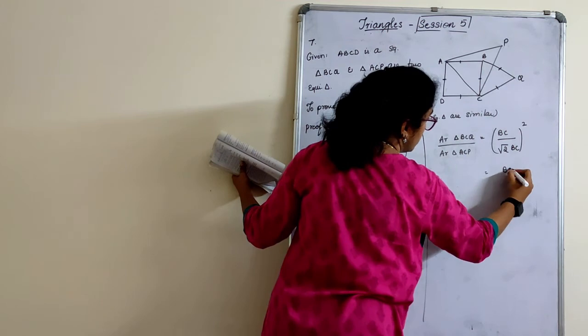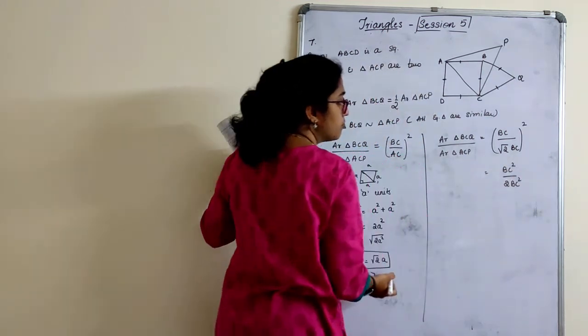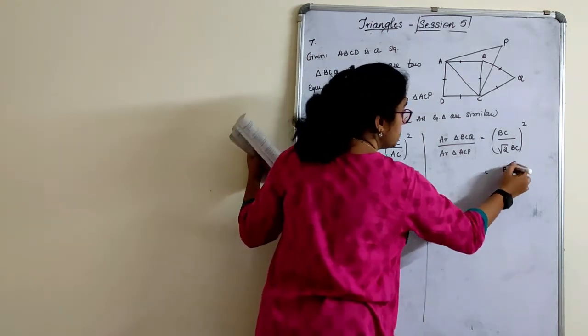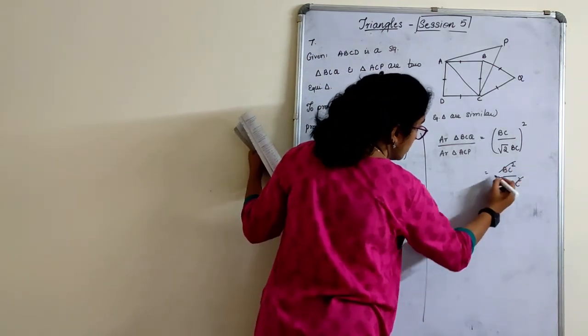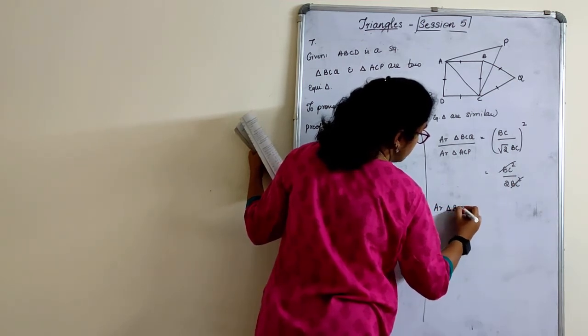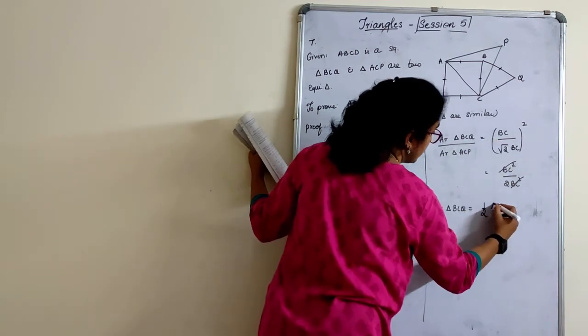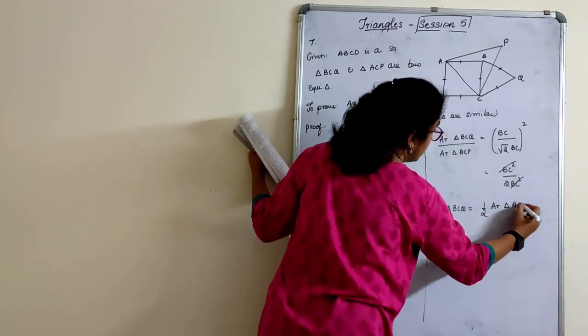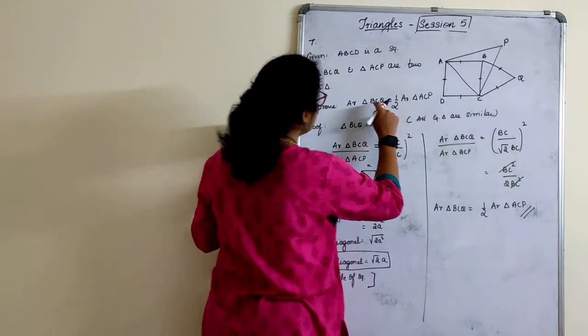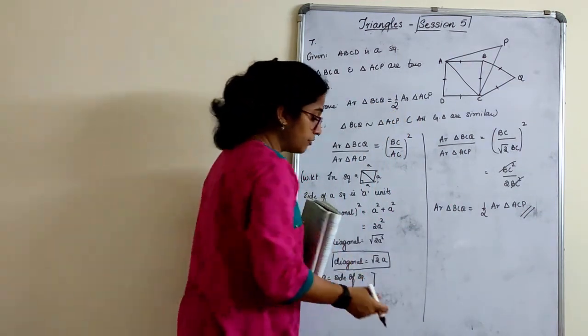This is equal to BC square by 2 BC square. Why? Because root 2 whole square is 2. BC square cancels. So this is 1 by 2. Area of triangle BCQ is equal to 1 by 2 times area of triangle ACP. That is what we have to prove, and we proved it, right? This is how you do this sum.